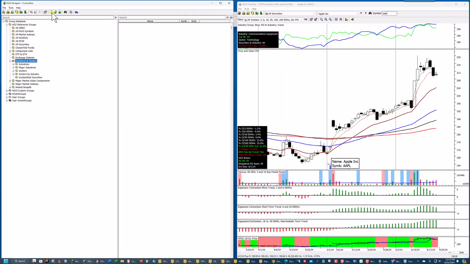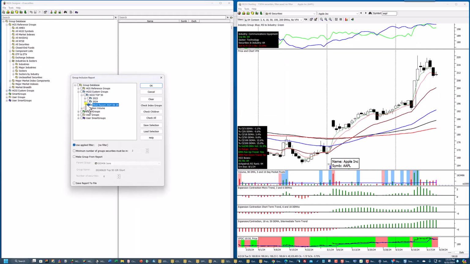So I'm going to go in here, and I'm going to add all of June. And the reason I'm doing this is I just want to show you how you can expand upon the group inclusion report.